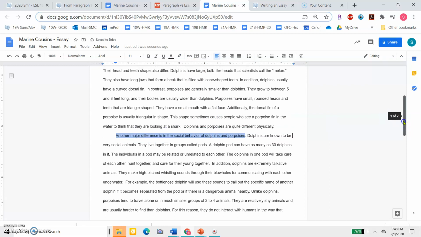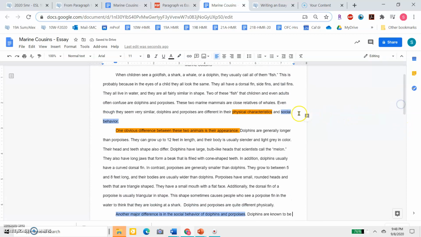So that's the basic organization from the thesis statement up here with the 2 focal points, and then your 2 topic sentences relate to those focal points. So you're comparing dolphins and porpoises related to their physical characteristics and their social behaviors.